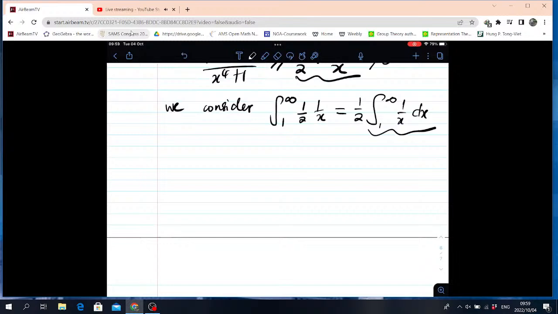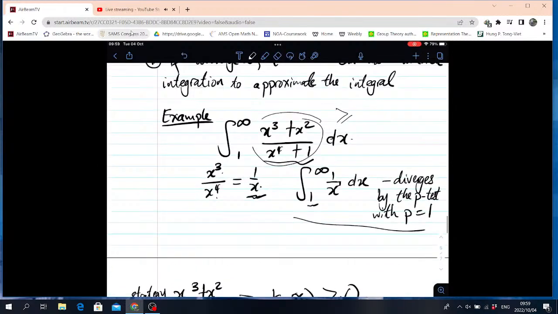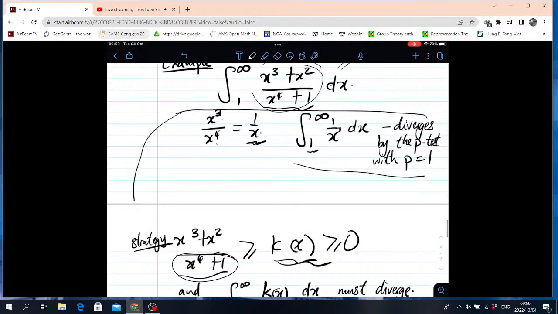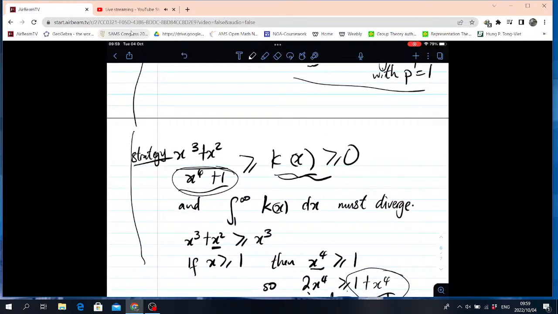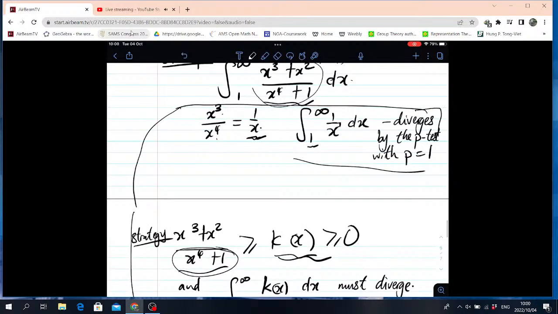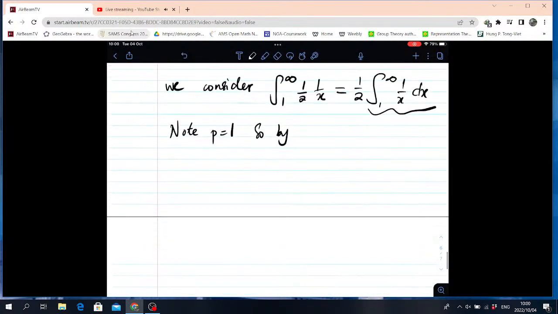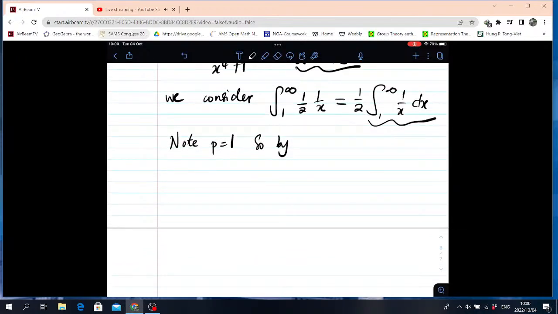So note that p is equal to 1, and so by the p-test, so here let me just point out that this was like our strategy, so it's not part of the proof itself. We're just thinking about what to do. So now we are writing formally, so that's why we are repeating what we had on top there.